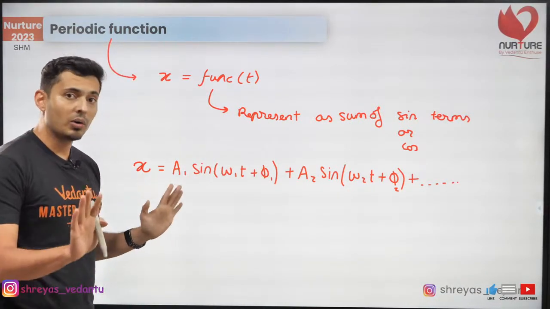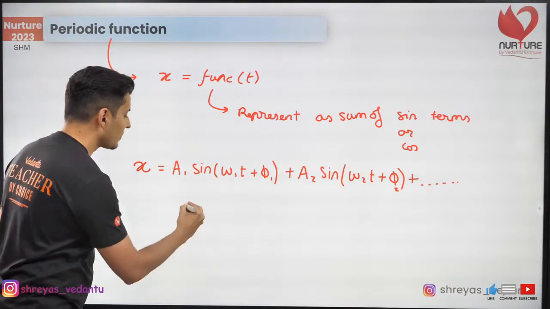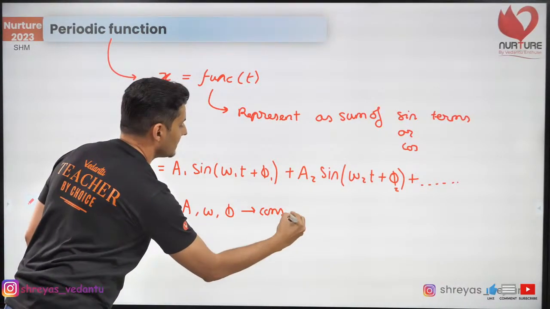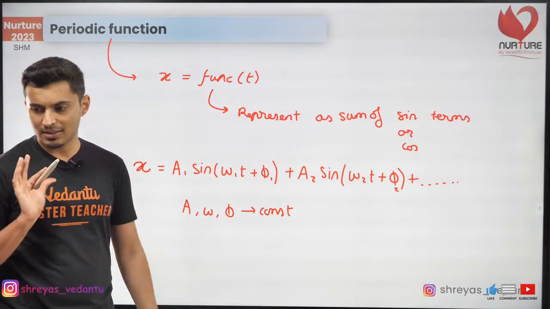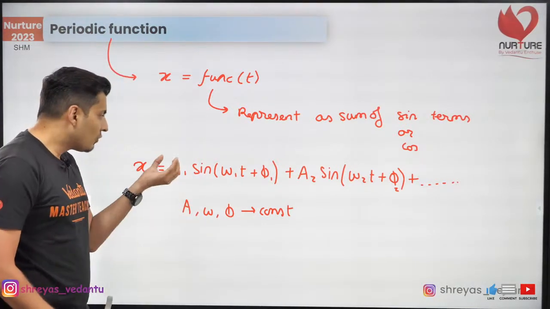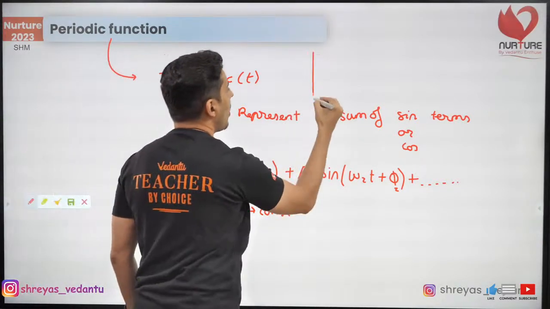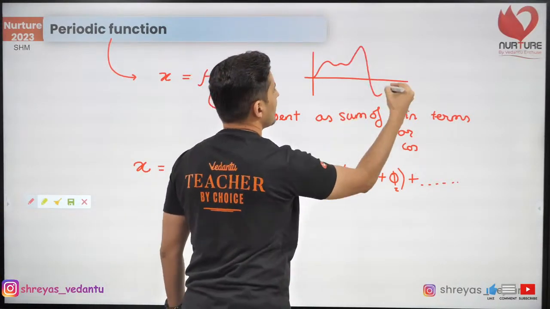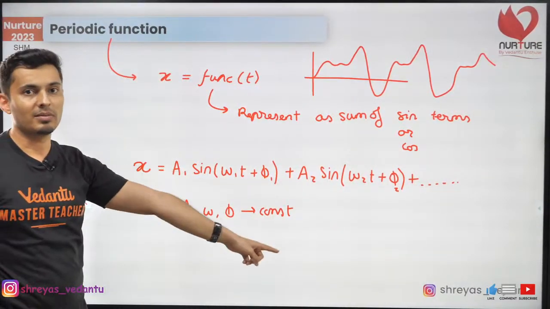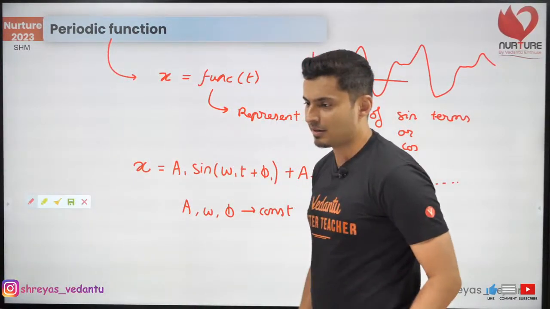Hold on, I'm going to tell you what these terms are, but for now a, omega and phi are basically some real constants. Whenever you have multiple sine terms, the graph of such a function is repeating itself, hence it's a periodic function. Everybody agrees to this?